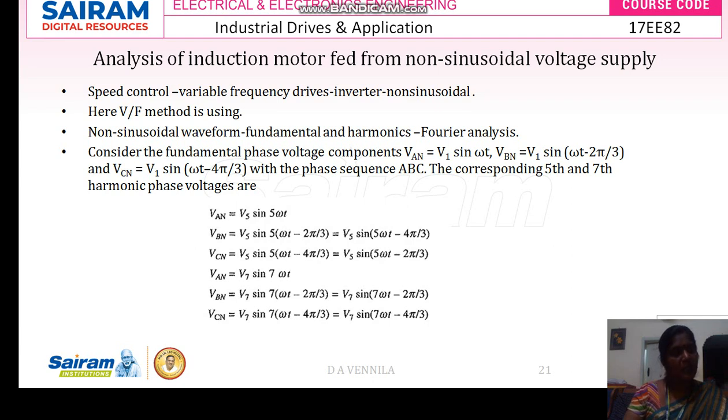How can we achieve this? By multiplying minus 120 and then adding 360 degrees, and you keep on adding 360 degrees. So for the fifth component, to get minus 120 or minus 240, to get V5 sine (5 omega t minus 4 pi by 3), because if you multiply 5 inside you will get 10 pi by 3, in order to get minus 4 pi by 3 you need to do minus 120 into 5, and then add 360 degrees to get this component.